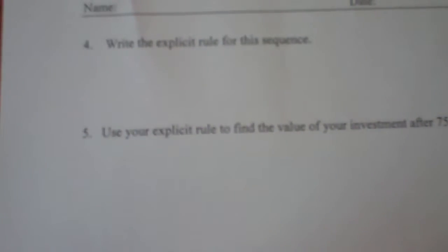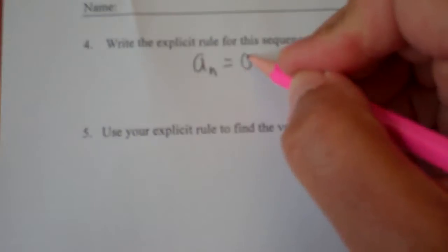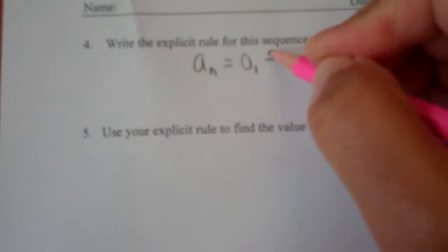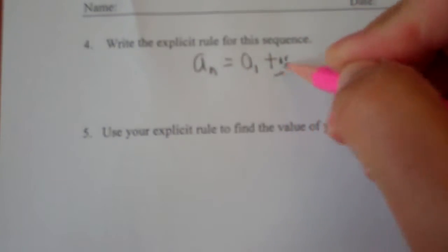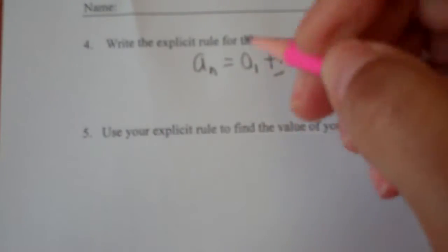Excellent. Turning the paper over, let's read what it says for number 4. Number 4 reads, write the explicit rule for this sequence. Writing down the actual explicit rule, it's a sub n equals a sub 1, plus or minus, remember, our common difference, times n minus 1.